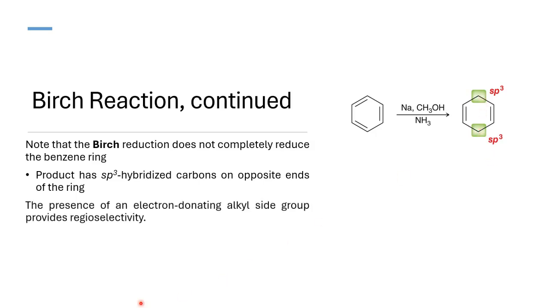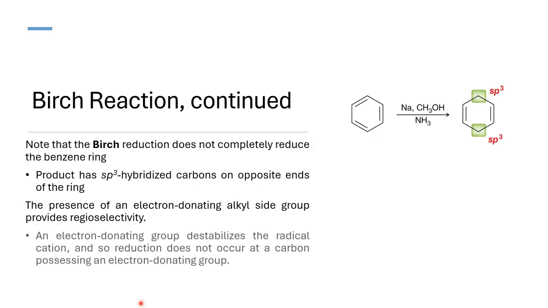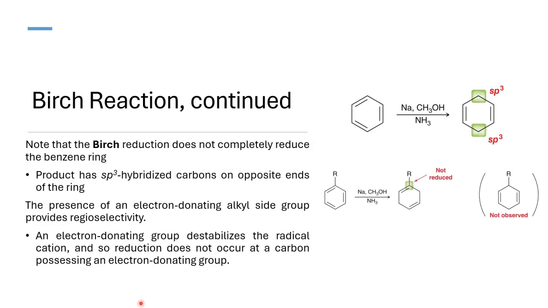If we do have groups attached to the benzene ring, for example, the presence of an electron-donating alkyl side group, it will provide regioselectivity. An electron-donating group destabilizes the radical anion, and so reduction does not occur at the carbon possessing an electron-donating group.